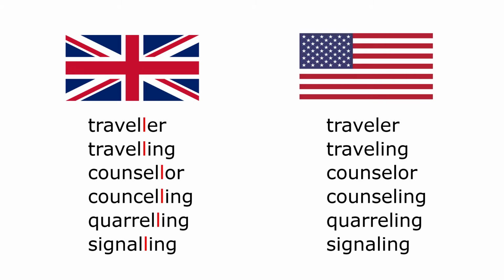Yeah, British English has the two L's, whereas American English only has the one L in these examples. I'm from the UK. So if I see traveller with one L, it looks wrong to me. But of course, it's not wrong to an American.